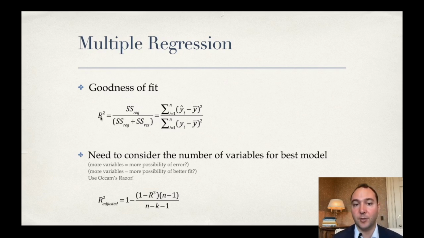To incorporate the number of variables we're using, we use k to indicate how many variables we have. So we have n, our sample size, minus k minus 1. So the more variables we have, the more penalty we give to our adjusted R squared. Again, R squared tells us how well our model fits the data, and adjusted R squared is used for comparing models.